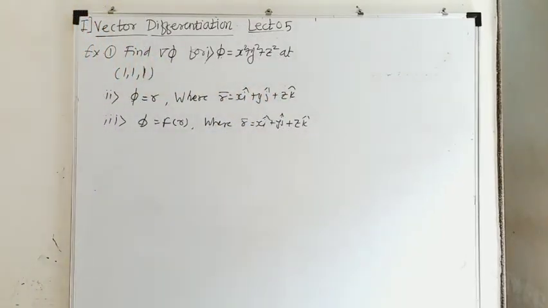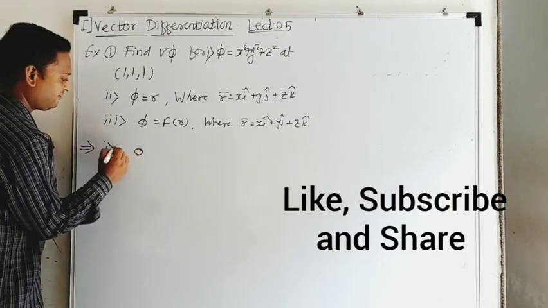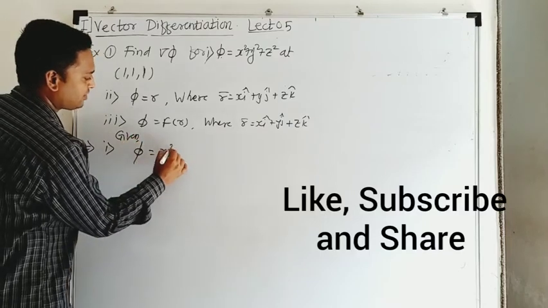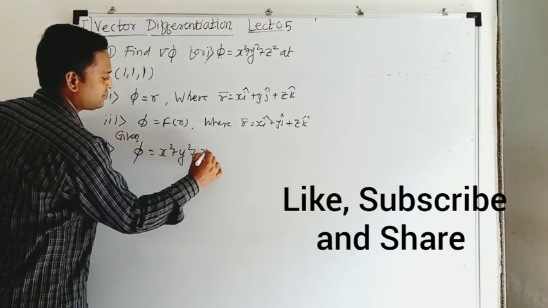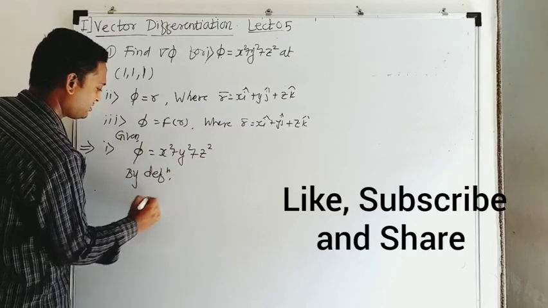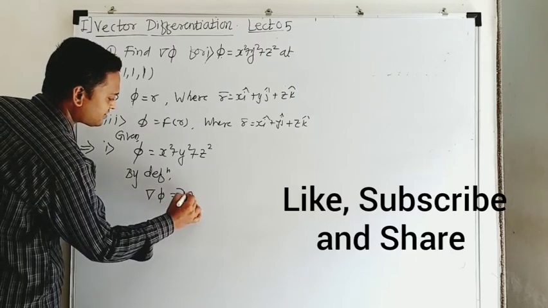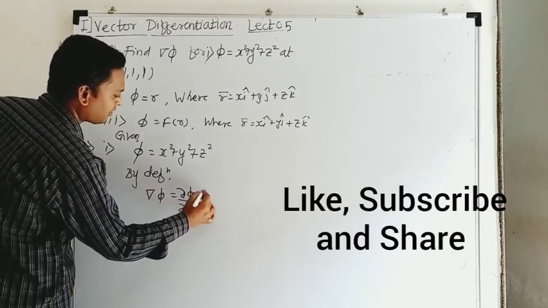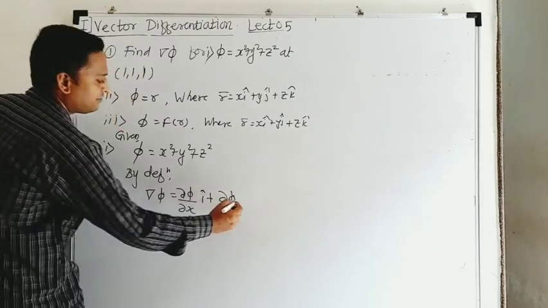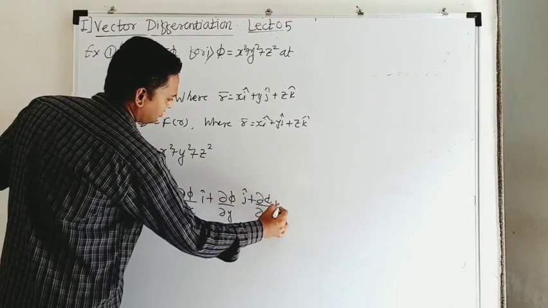So let us solve the first one. The first one is very easy. The given function phi is x square plus y square plus z square. By definition, del phi equals del phi by del x into i, plus del phi by del y into j, plus del phi by del z into k.